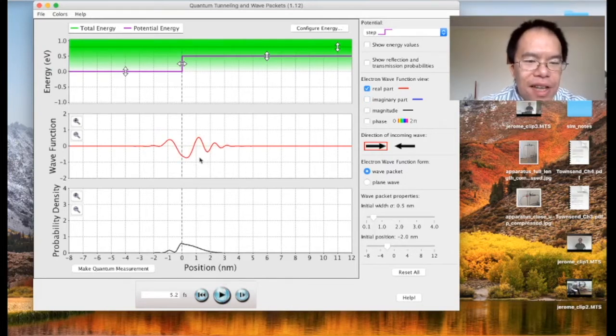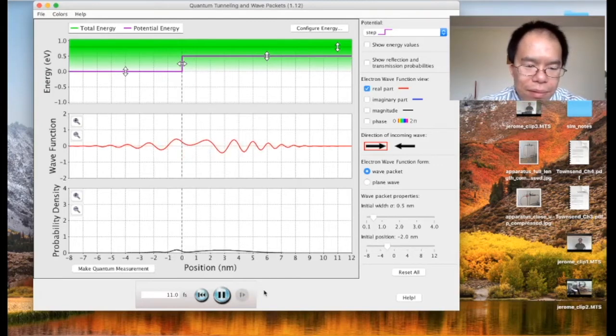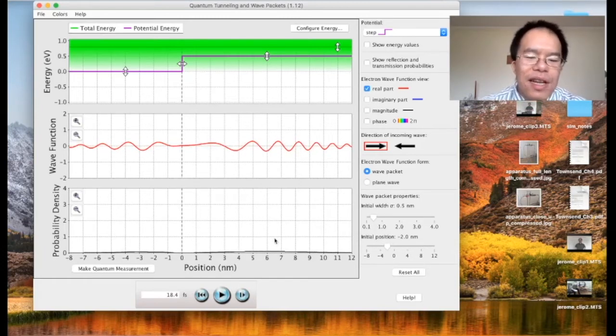What you can see is that at some time after we've started things off, there's some probability for measuring my particle to be to the right of x equals 0, but there's also some probability for my particle to be found to the left of x equals 0. If we let time keep going, eventually things get really smeared out, which is really just saying that eventually we have very little idea of where the particle is.